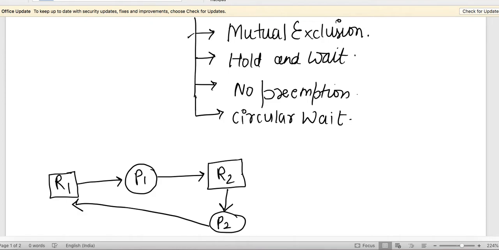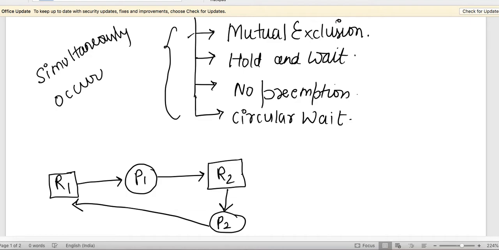Now, deadlock says if all the four conditions occur simultaneously, or simultaneously all the four conditions become true, then we say deadlock occurs.